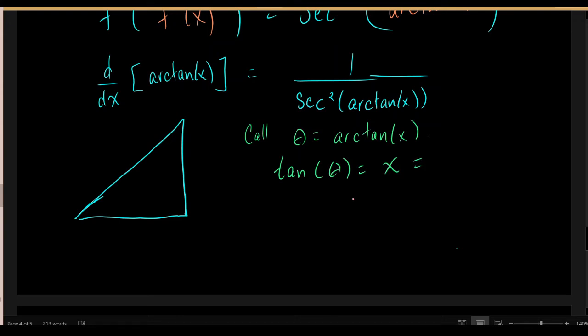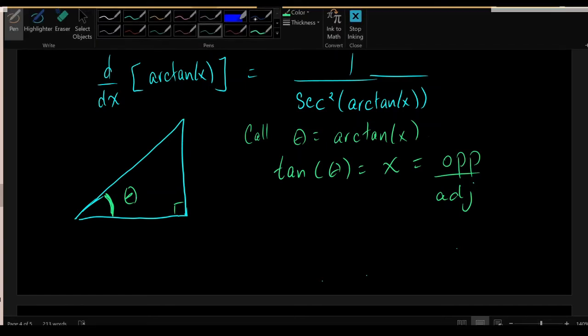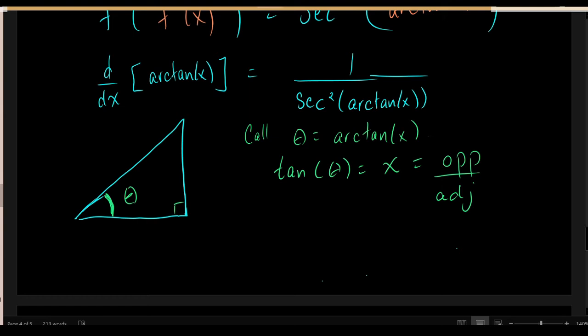In particular, the tangent of an angle was equivalent to the opposite side divided by the adjacent side in a right triangle, such as the one I've drawn here. So suppose that I specifically draw a triangle which has this angle theta in the bottom left. Such a triangle could have sides where the opposite side was equal to x and the adjacent side was equal to 1.